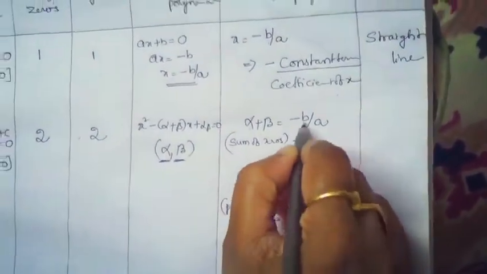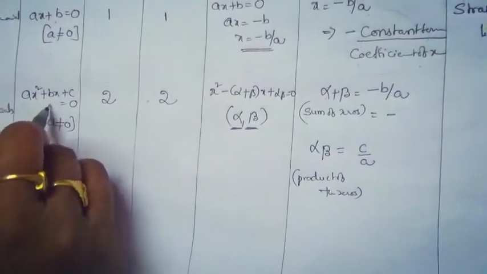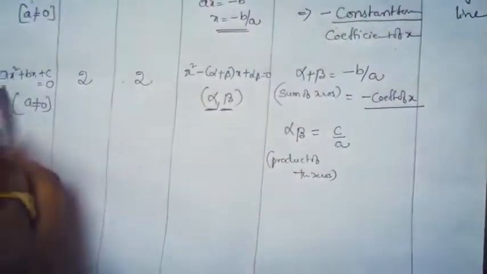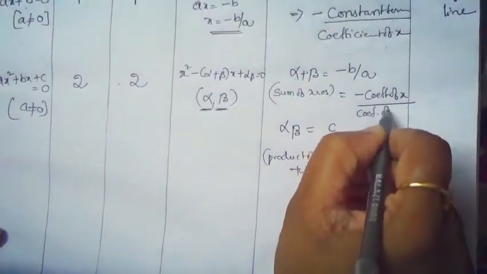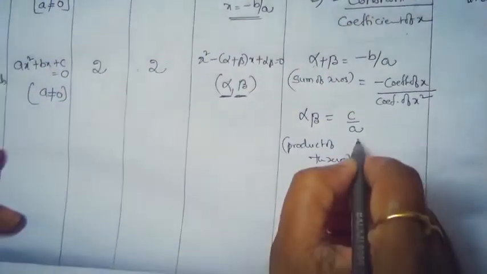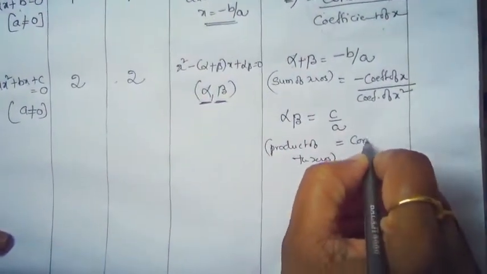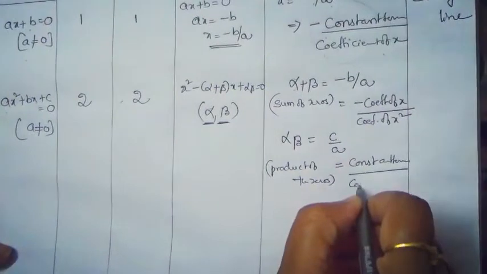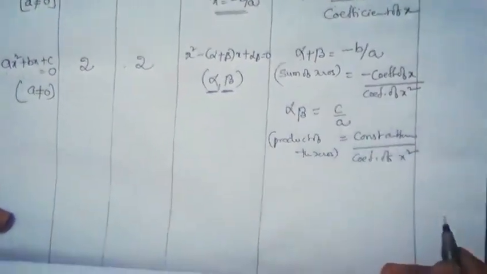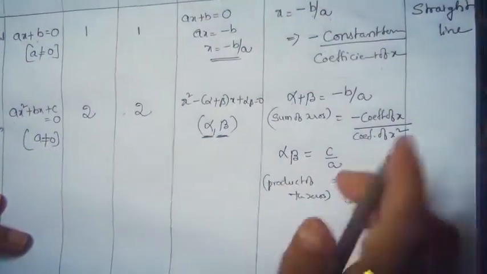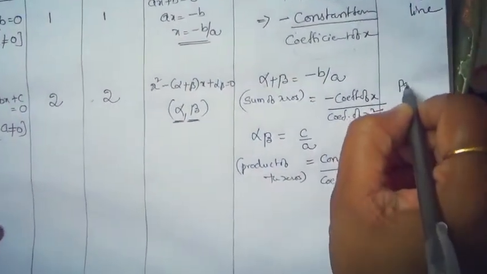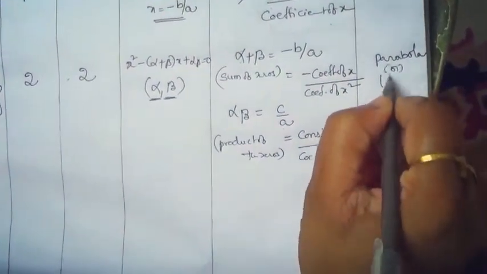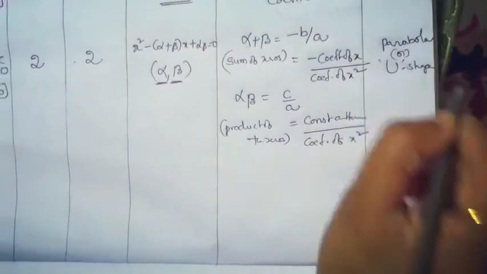Minus b by a: b means coefficient of x, a means coefficient of x square. Here c means constant term by a, the coefficient of x square. Okay, the graphical representation is a parabola shape, which means U shape.